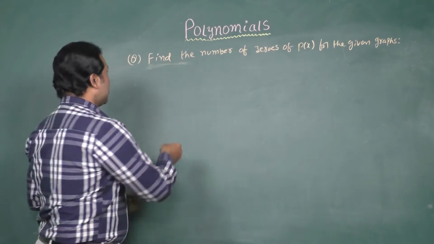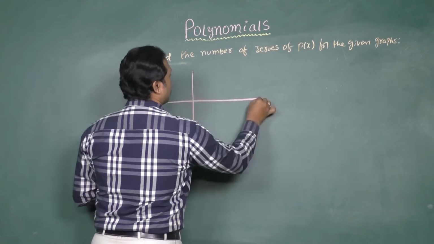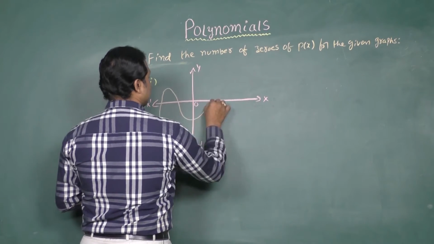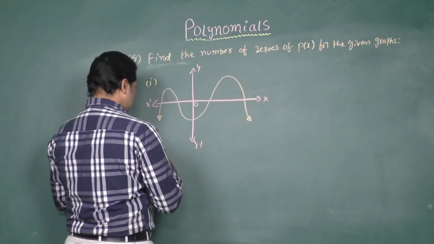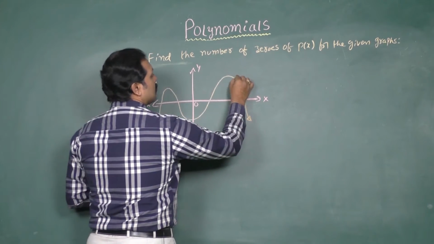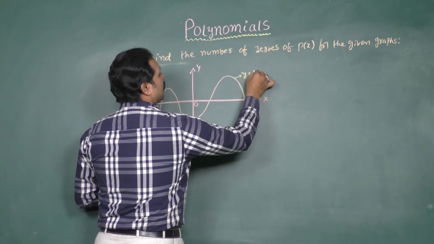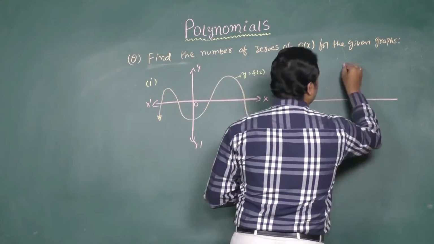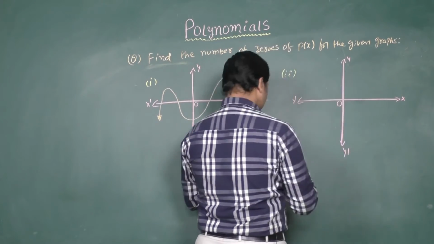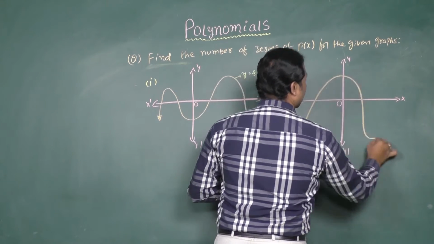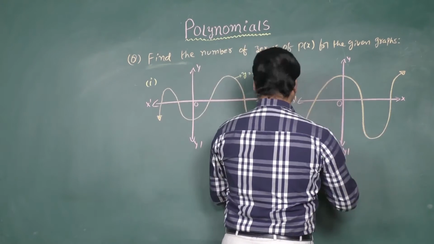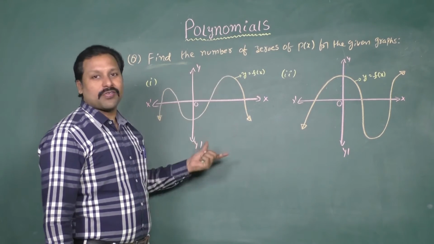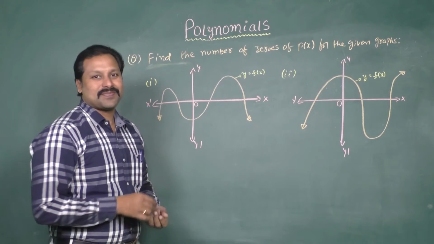The first graph is the curve y equal to f of x, and the second graph is shown next. Now we should find out the zeros of the graphs.